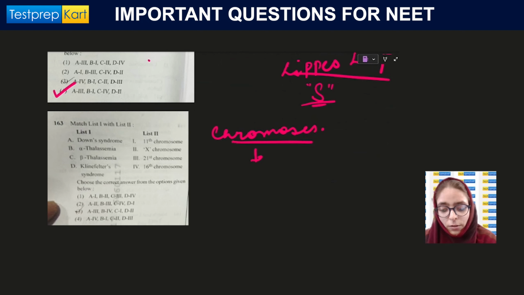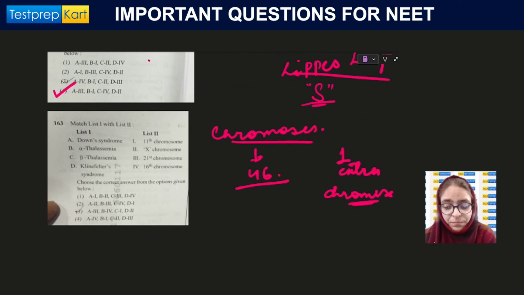A baby is born with 46 chromosomes, but in the case of Down syndrome, babies have an extra copy of one of these chromosomes, one extra chromosome, which is chromosome 21.